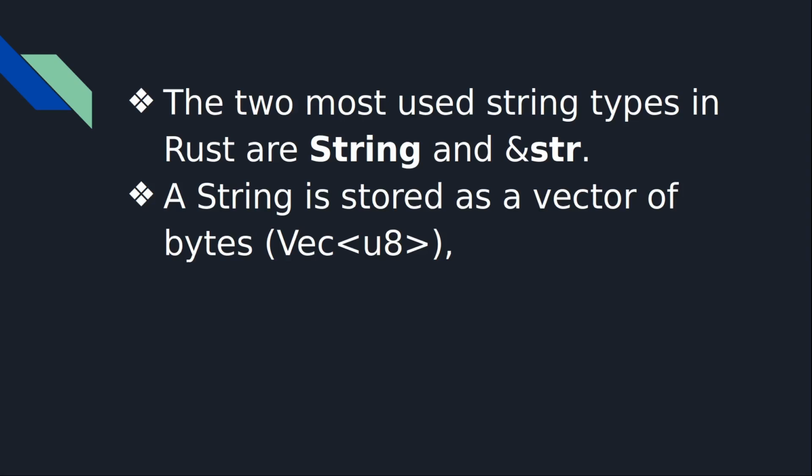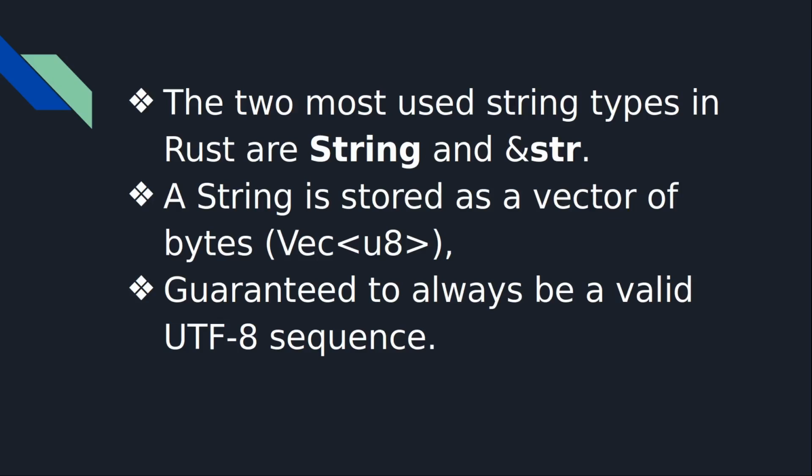But what we need to know at this level is that a string is stored as a vector. And what is a vector? For people who might be new to this, a vector is not the mathematical vector, in the sense that we refer to it in Rust here. We need to think about a vector as a container that we can store data into. Basically, that.